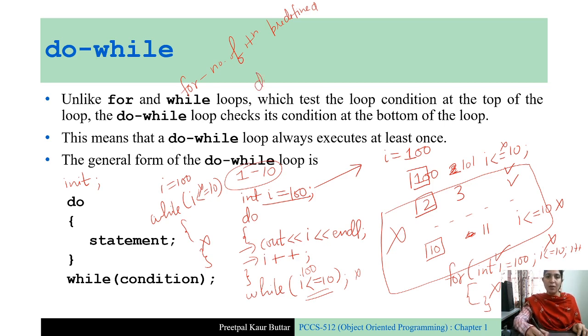But in case of while and do while loops, the number of iterations is not predefined. We do not know in advance how many times the loop will be executed, as you have already seen in the case of the while loop, using the program which printed the number of digits in a number.